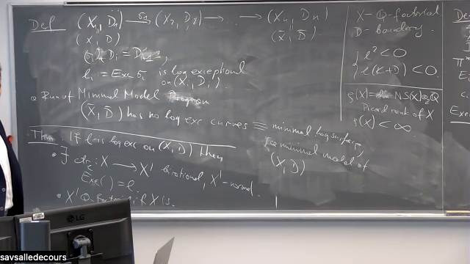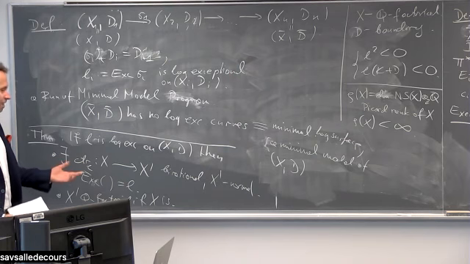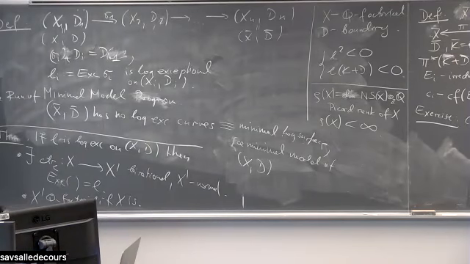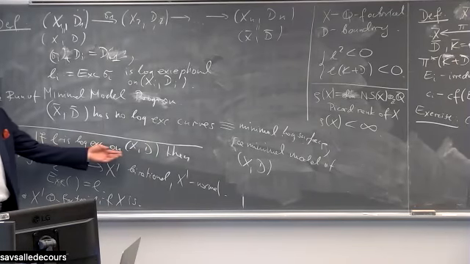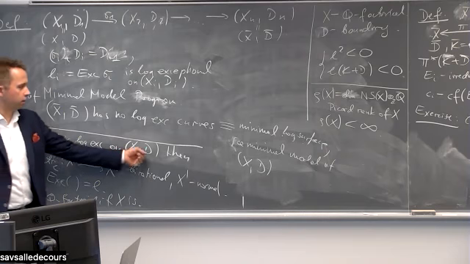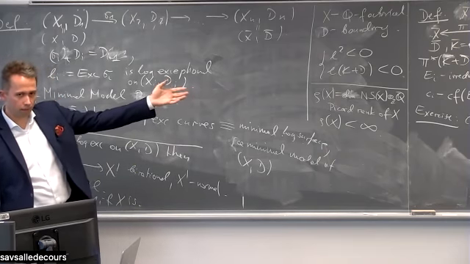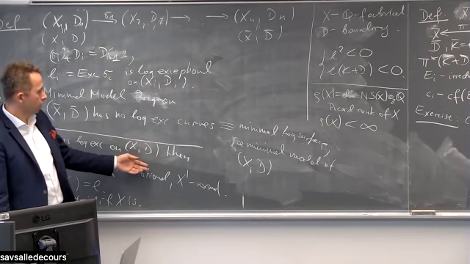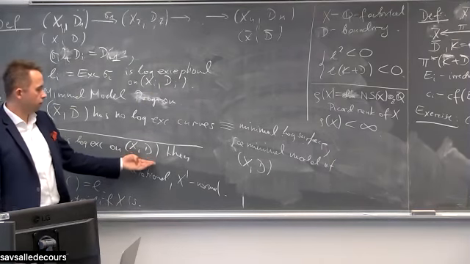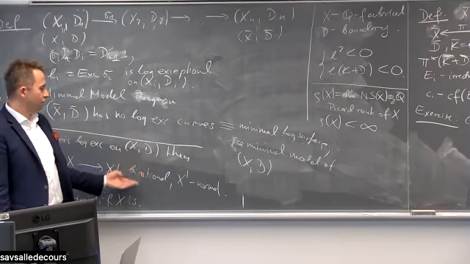Is it true in higher dimensions? Usually you need to add stronger assumptions on X and D. Of course, you can define the coefficients the same way. That's perfectly fine.